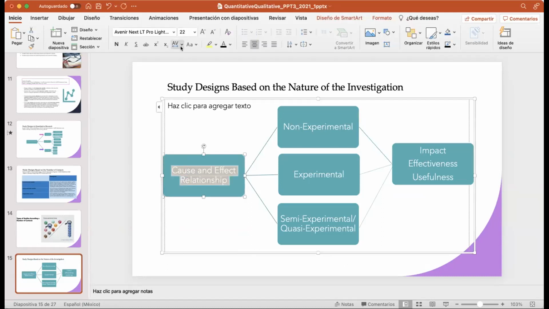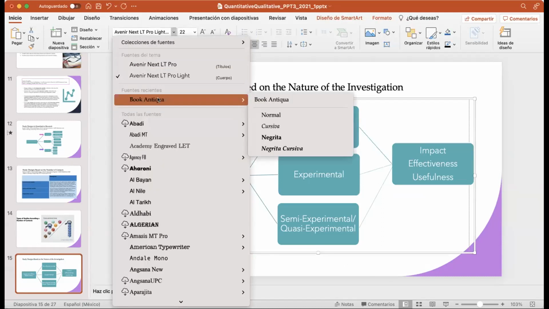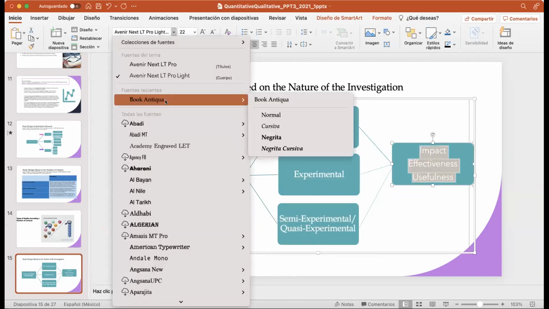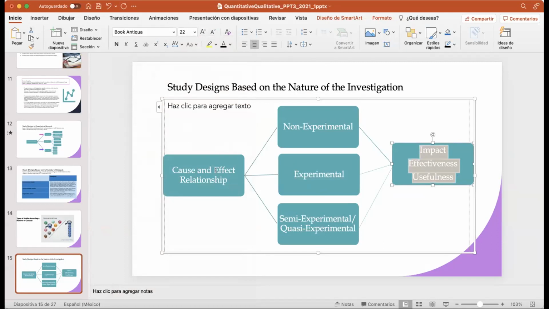Yes. So whenever I am thinking of cause and effect relationship, I am thinking about a quantitative research design. So we were right when we were just mentioning before that the research problem dictates the basics for the choice of a research design. So bear that in mind, yes.